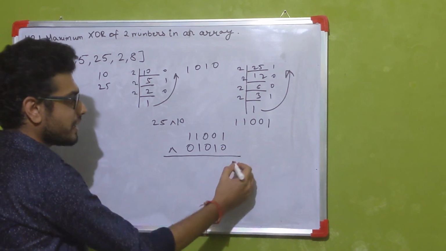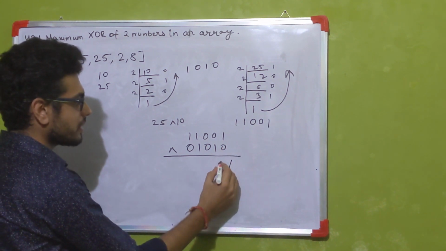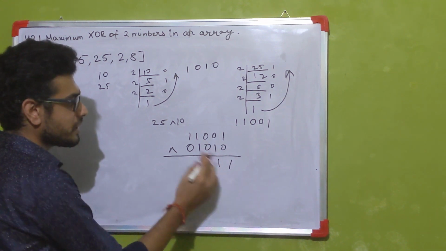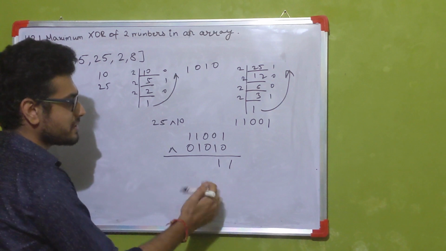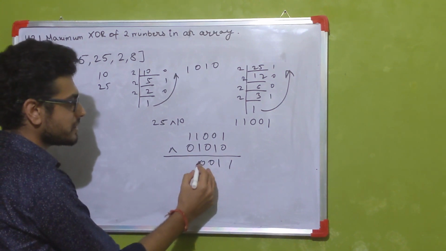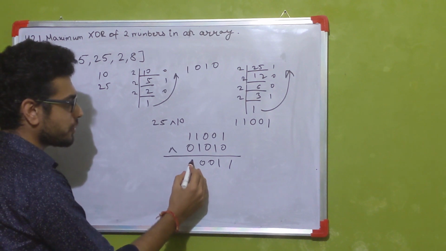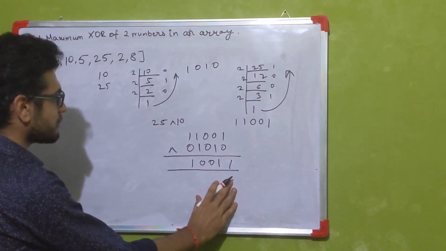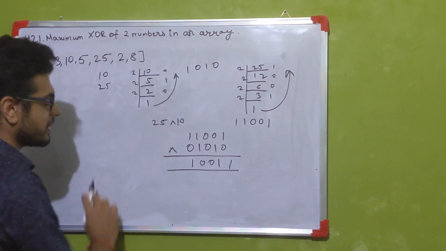When it is differing, we put a 1. Here also it's different, so we put a 1. Here it's same. Wherever it is same, we put a 0. Similarly, here also it is same, so we put a 0. Here it is different, so we put a 1. So this is the binary representation of XOR of 25 and 10.